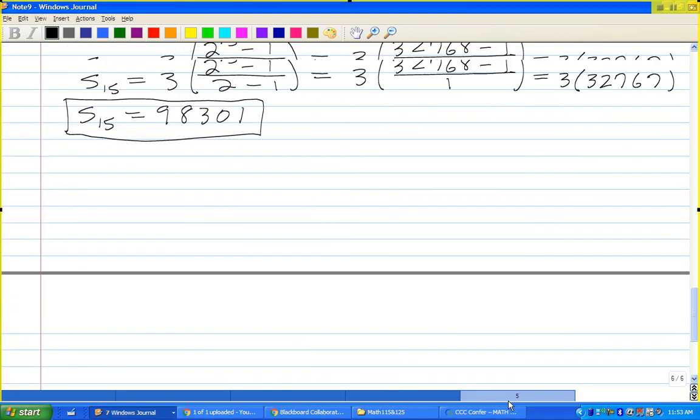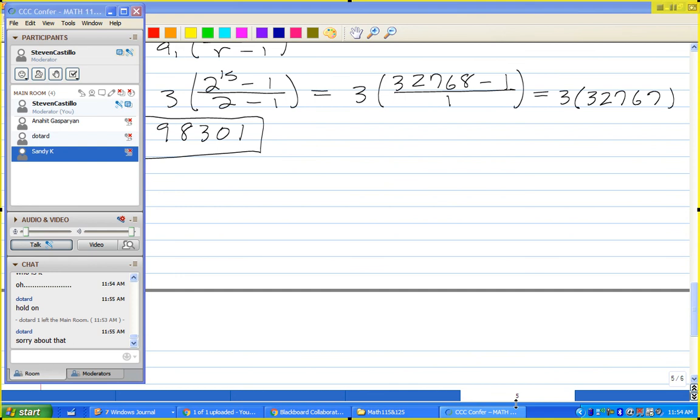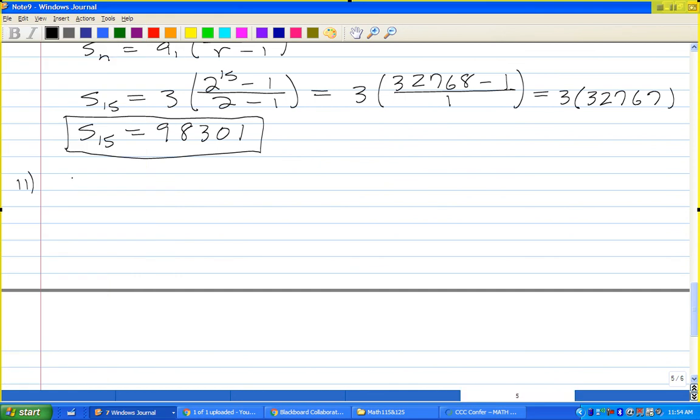Okay, so let me do problem number 11. 2 plus 1/2 plus 1/8 plus 1 over 32 plus etc. In exercises 10 through 15, find an expression for the sum of n terms of the geometric series.